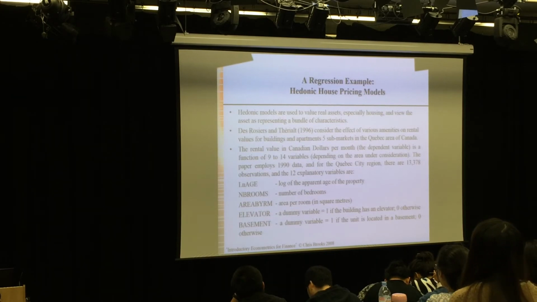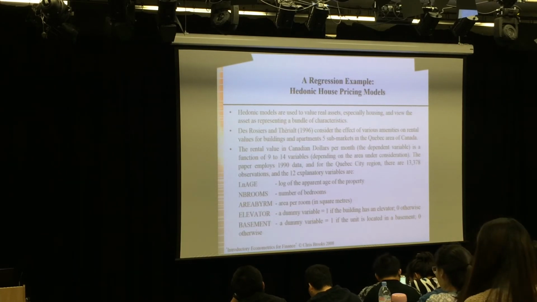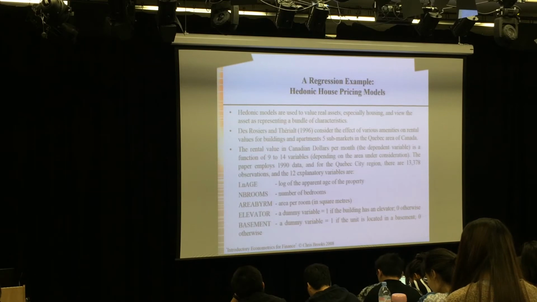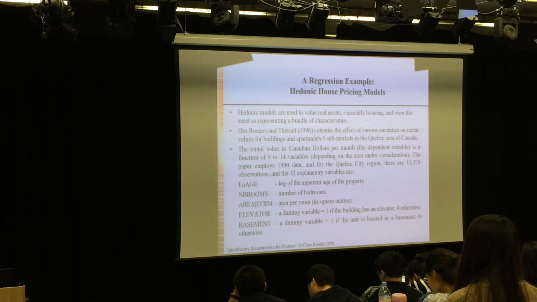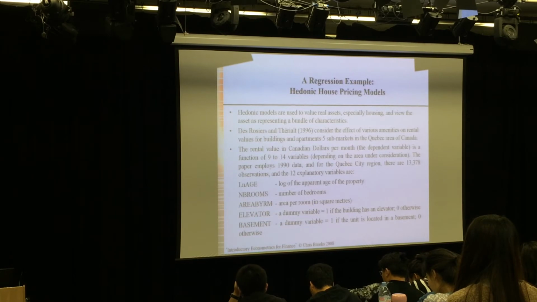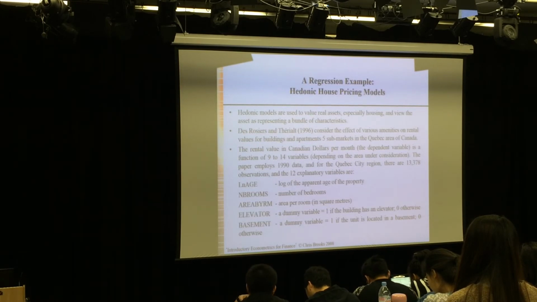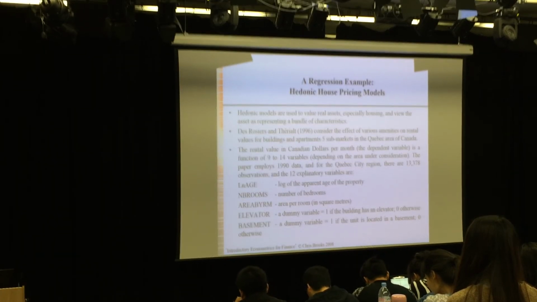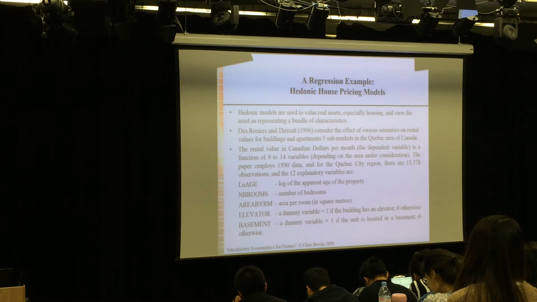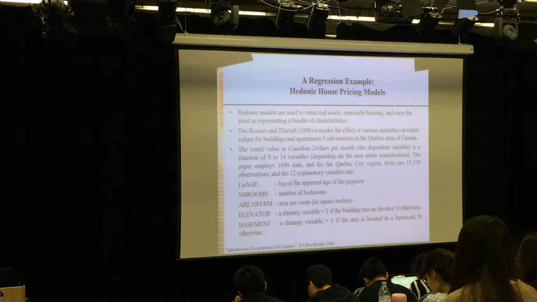People wonder why you might study this stuff, but you could actually be surprised sometimes when you pose a problem and try to think of variables that might be of interest, and then you run the regression and you see that they are relevant. So this one is trying to explain house prices. So it's got a model to explain house prices.